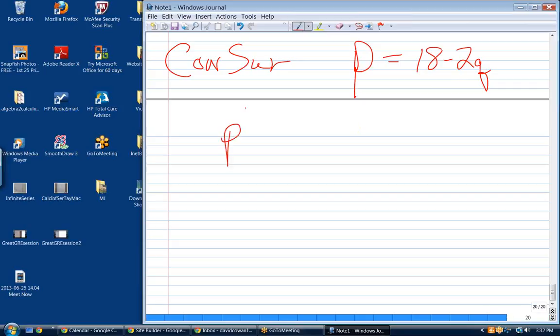Okay, I'm not up on my economics here. So this is the demand equation, where P is the demand.